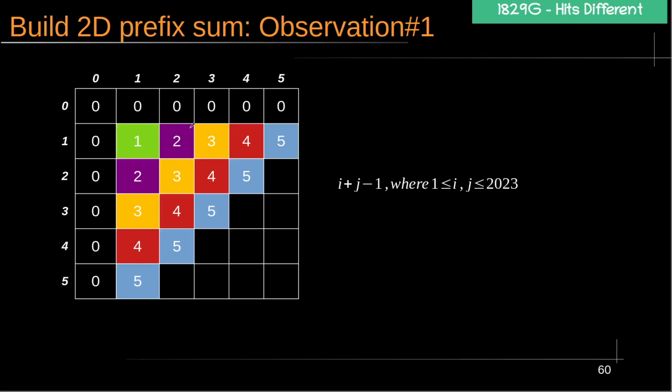For diagonal 2, we have 2 plus 1, which is 3, minus 1, and we have 1 plus 2 minus 1, which is 2. So if we use this formula, we will find all the diagonals.